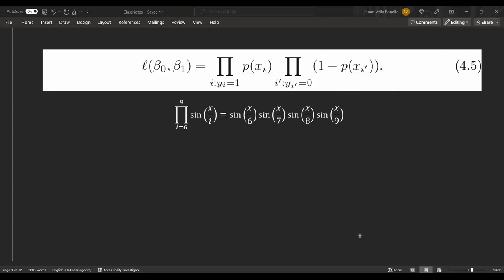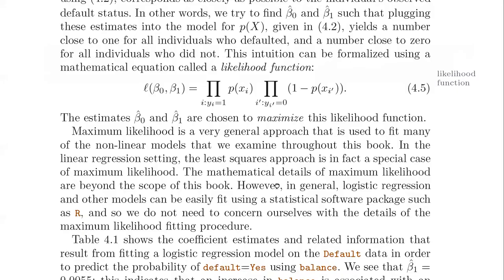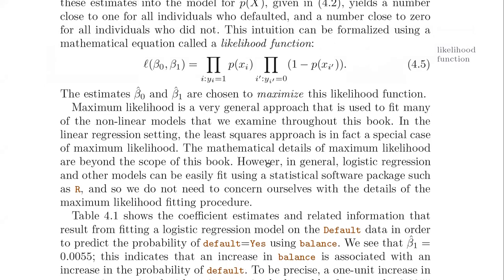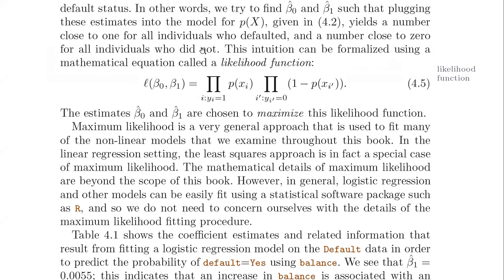Don't worry. I'm sure the book is going to do a better job than I have right now. And the idea is you want to maximize the likelihood. I don't know if intuitively this makes sense, but you want a beta naught and a beta 1 that maximize the likelihood, because you know this happened.